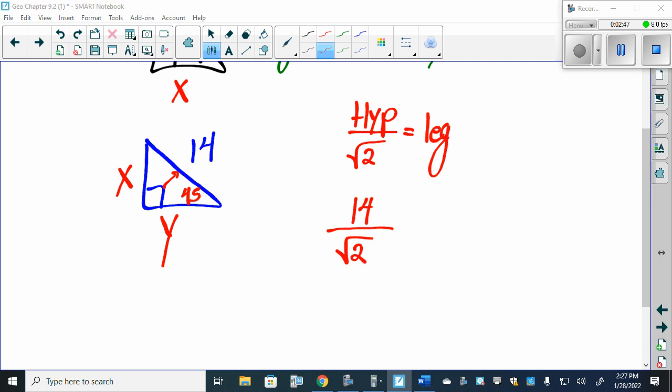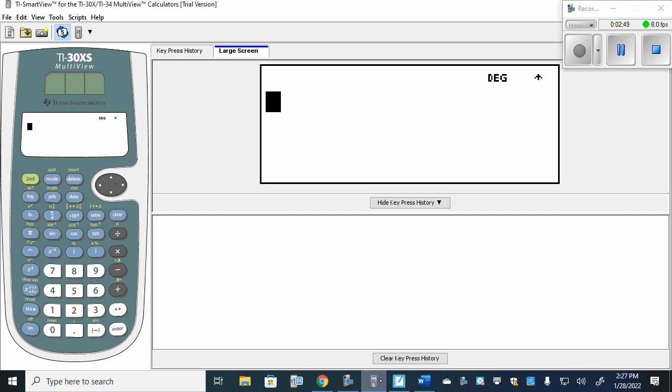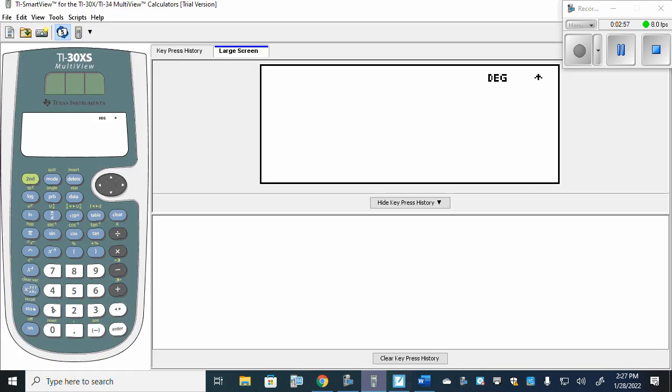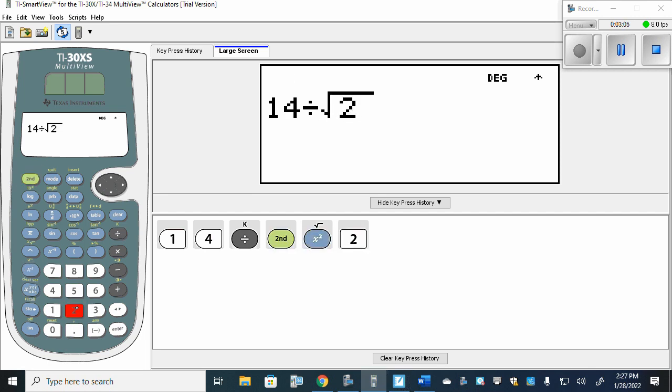So at this point, we can pull the calculator up. And I believe I said 14, yes? So we can take 14 and divide it by the square root of 2.